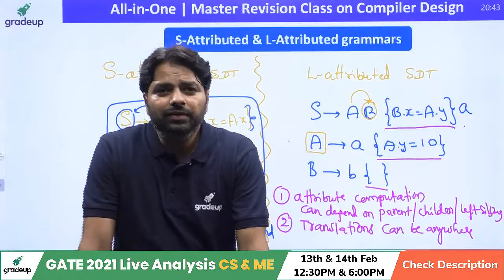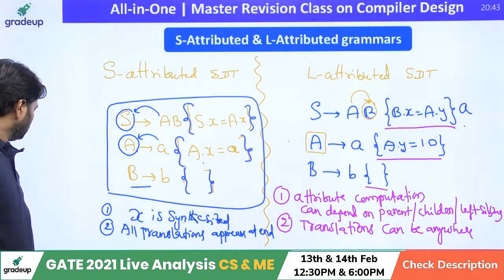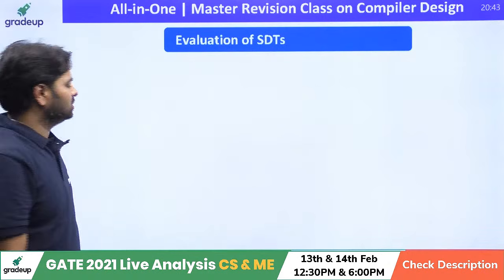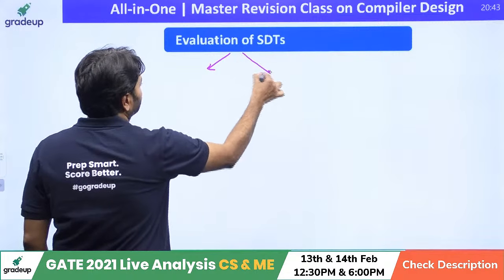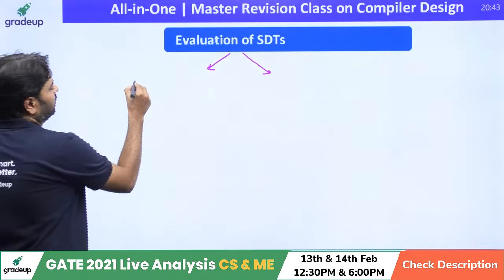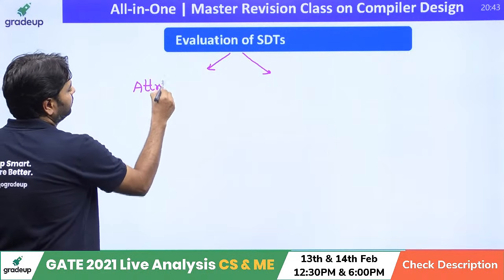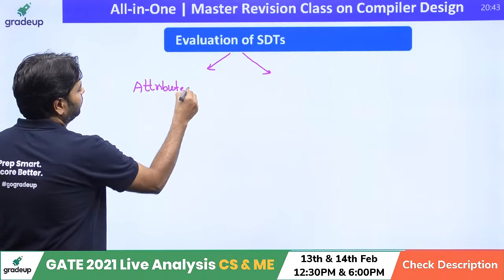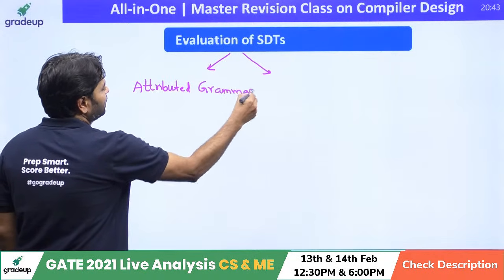Yeah, we have 15 minutes left and we are on attribute grammars. Now let's move on. Evaluations. As I said, I'm only making you revise here. If the grammar is attributed, then we have two kinds of evaluations.